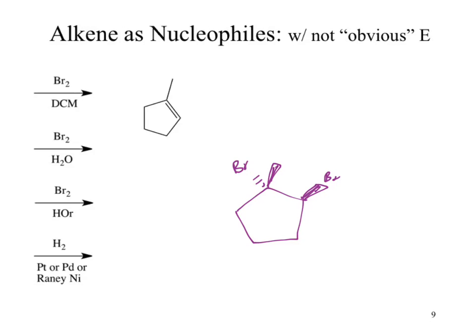What did we say? Anti-addition, trans, air quotes. What happened with the black one? In that first intermediate, how many stereocenters do we have? Only one. So let's again run the assumption that our bond formed upwards.